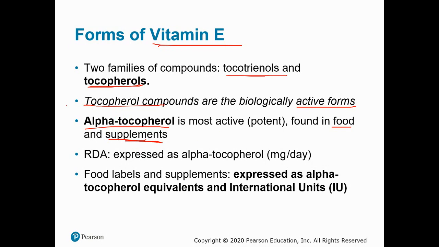Because there are so many different forms of vitamin E, the RDA for vitamin E is expressed as alpha tocopherol equivalents, and sometimes expressed as international units, because what we're really most interested in is how much active form of this nutrient is in this food. Whatever other form it might occur in, what we want to know is how much of that form converts to active alpha tocopherol.